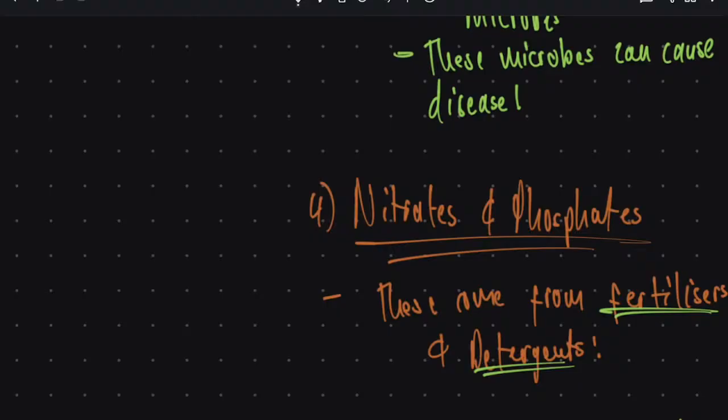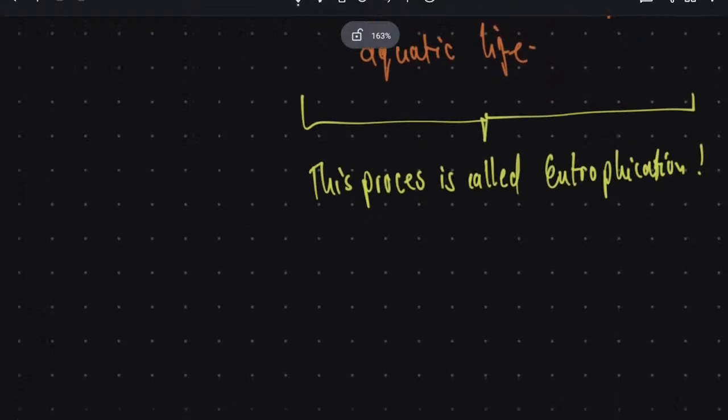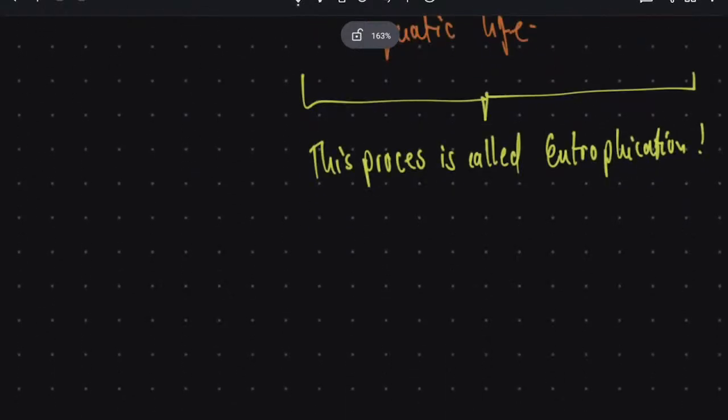This will promote excessive growth of plants in water. That will promote deoxygenation, because these plants also want that oxygen. Once there's excessive plant growth, they cause deoxygenation of water, and now the aquatic life does not have the dissolved oxygen in water, and that is damaging the plant life, and that is what we call eutrophication.